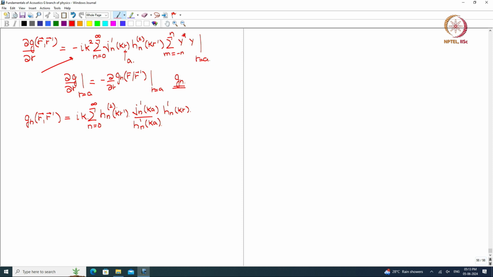It is a Hankel function. Then of course this, which here does not play a role because we are at the center of a sphere and evaluating on a spherical surface.